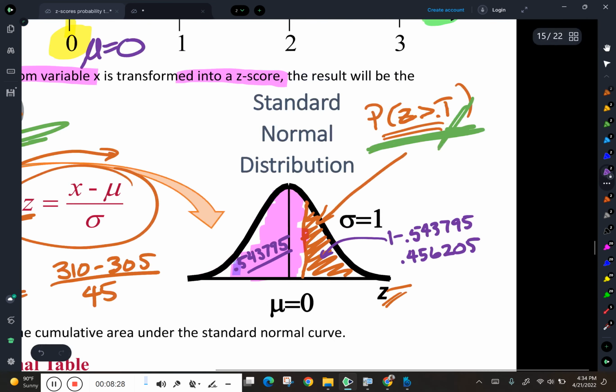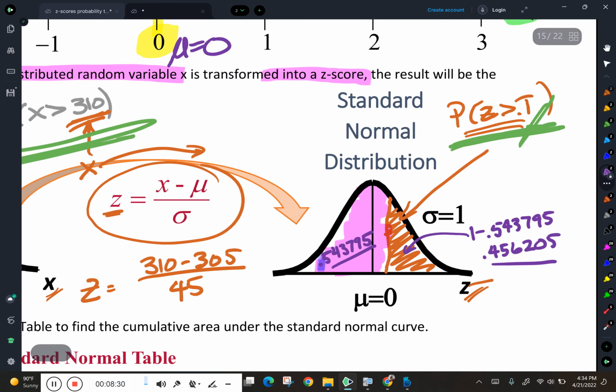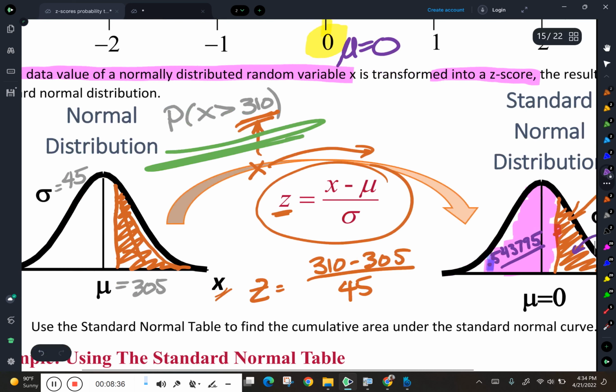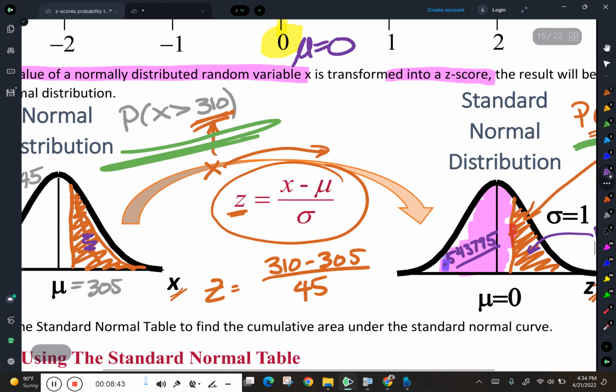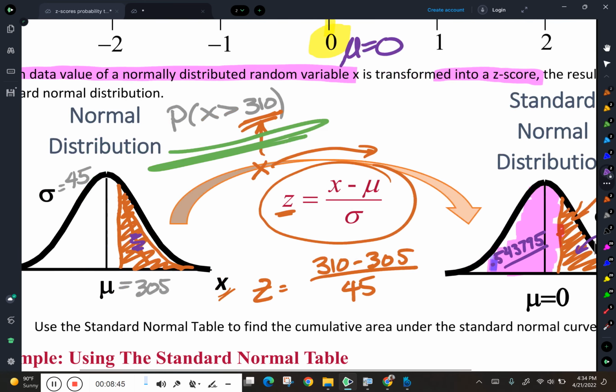But if the 45, we'll call it 46%, is the right tail here, then it's the same over here. Or the chance that the kid scored greater than 310 on the math test is 46%.